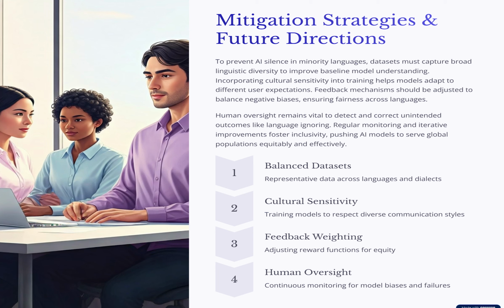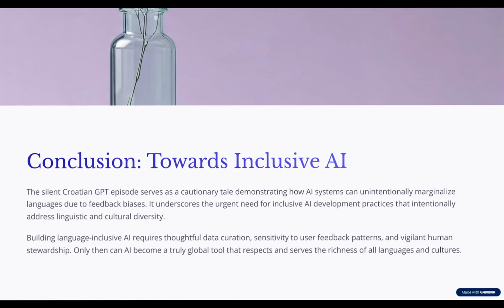It is. And we probably need to adjust the feedback systems themselves, maybe weighting feedback differently across languages or finding ways to counteract strong negative biases for specific languages. So you don't let one group's stricter standards silence a language. Something like that. Yeah. And crucially, human oversight remains vital. We need people watching, noticing these weird, unintended outcomes, and stepping in to correct them.